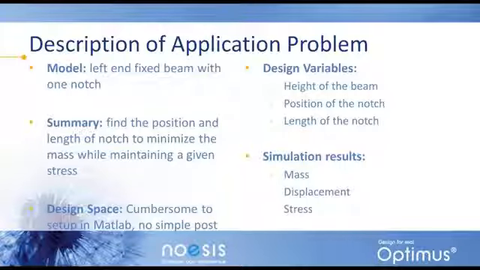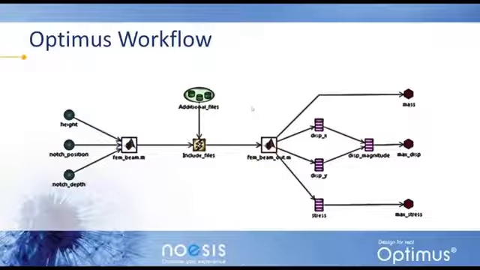But for this optimization, we only want to vary those 3 inputs that I previously mentioned. The variables that MATLAB will output include a couple of different variables. Some are simply scalars, others are actual matrices. And the 3 that we'll be looking at are mass, the magnitude of displacement, and then the maximum stress.